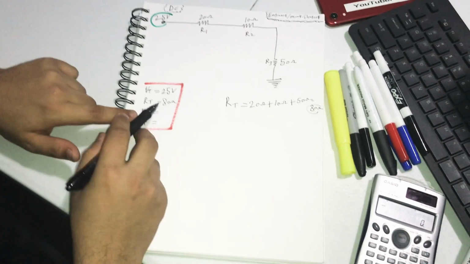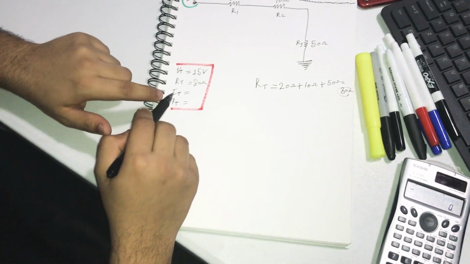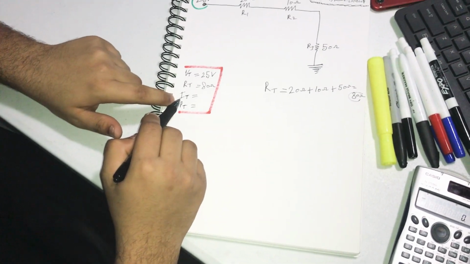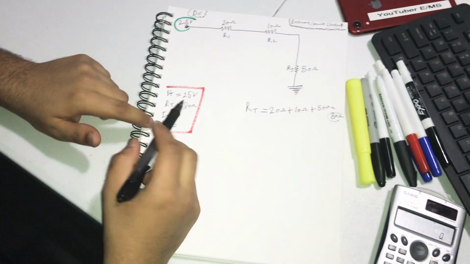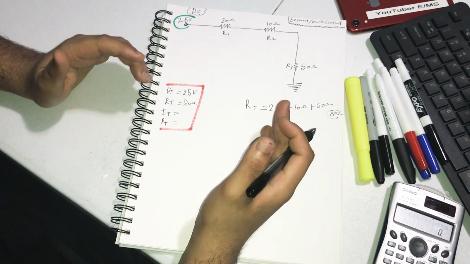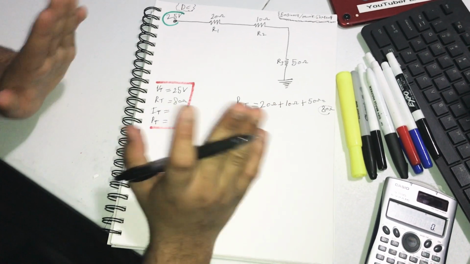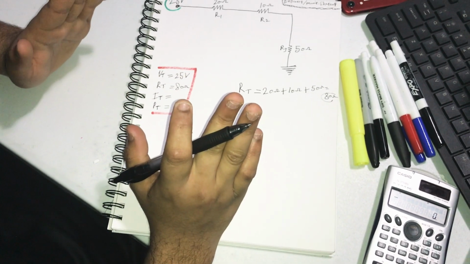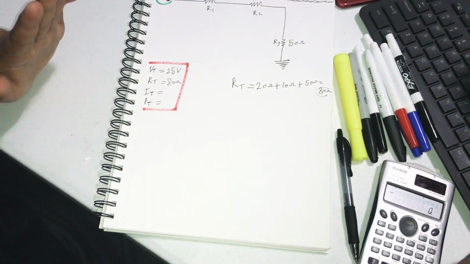All right. Right now, we need to find the total current, the total amps. How to do it? We use Ohm's law. You have to understand this one.